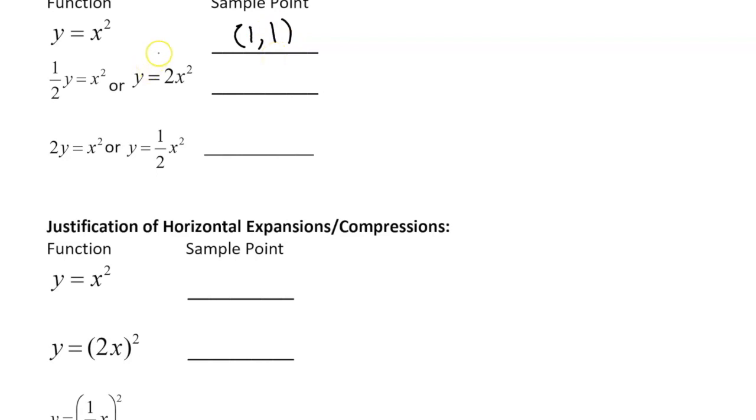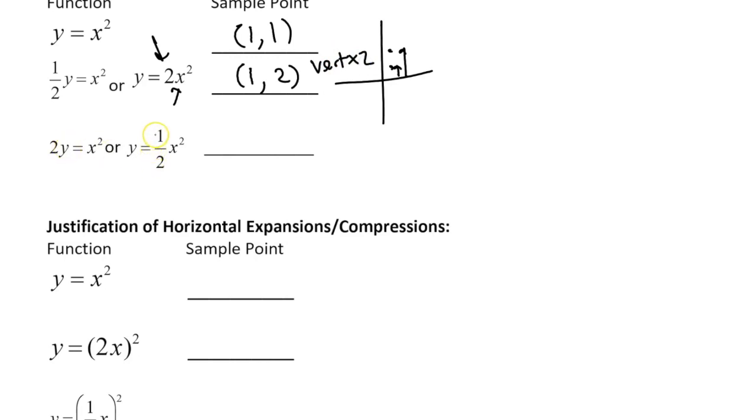If we have a 2 in front of our function, and we substitute in 1 for x, the same value, you would get 1 squared times 2, which gives us 2. In other words, the point that was at 1, 1 has now become 1, 2. It's doubled its vertical height, meaning we have a vertical expansion by a factor of 2.